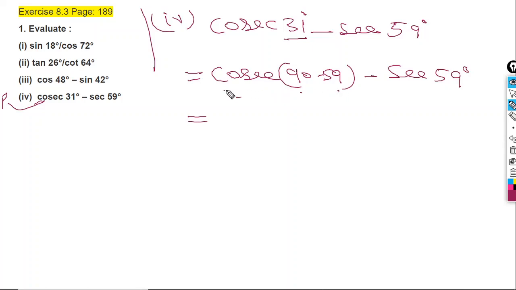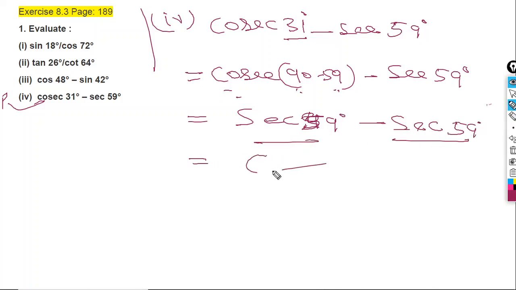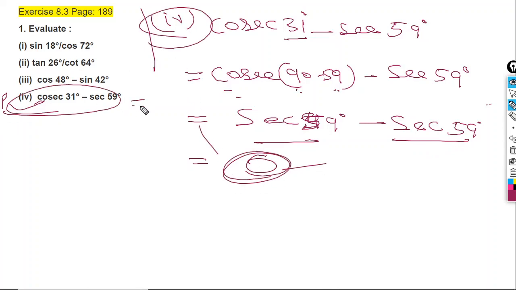Here cosec (90 minus theta) is sec theta. So we can write sec 59 degree minus sec 59 degree, which will be equal to 0. So we got (iv) is equal to 0.